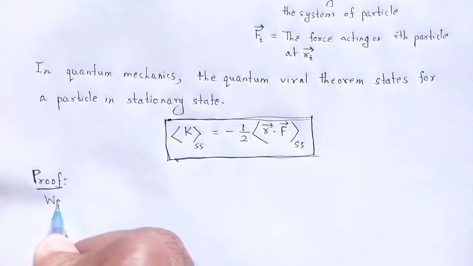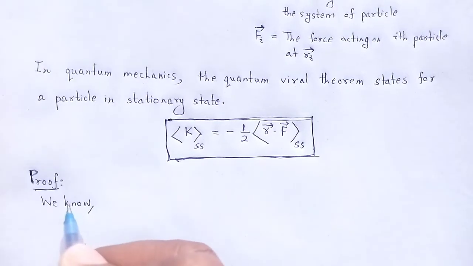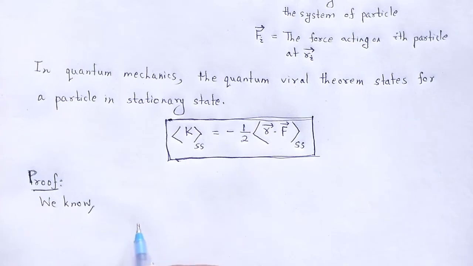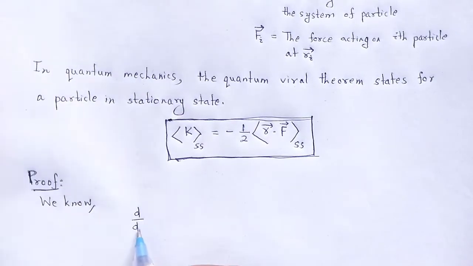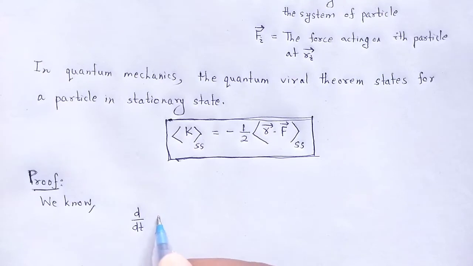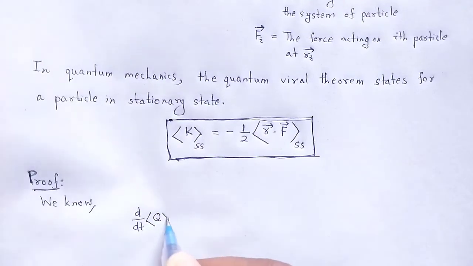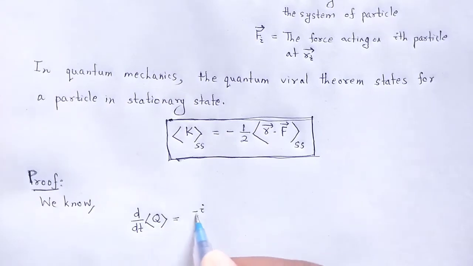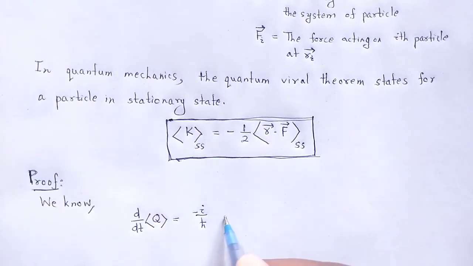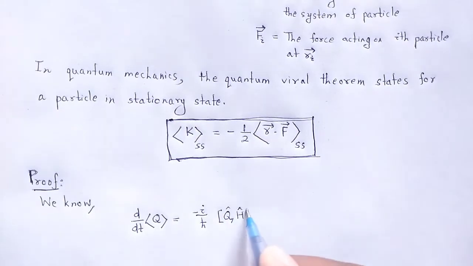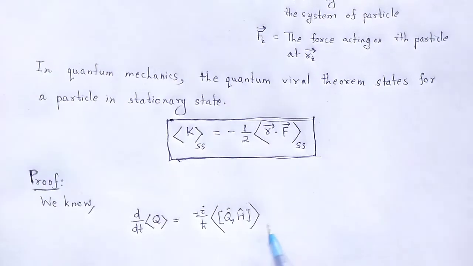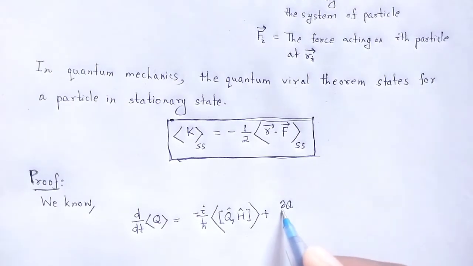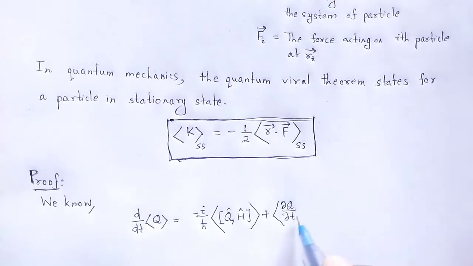As we know, if q cap is the operator that represents q, then the rate of change of that expectation value will be minus i by h cross, the expectation of the commutator bracket of q cap and H cap, plus the expectation of del q cap by del t.